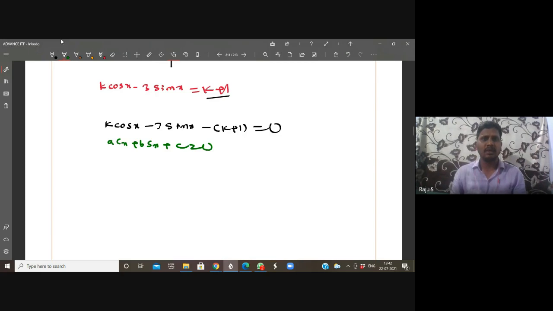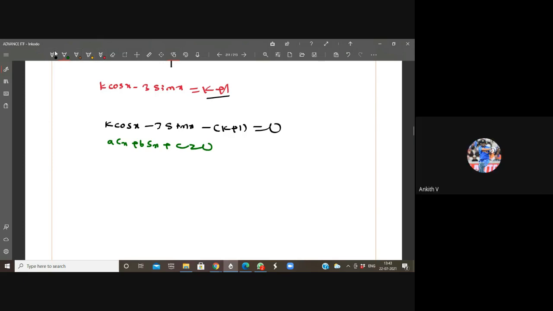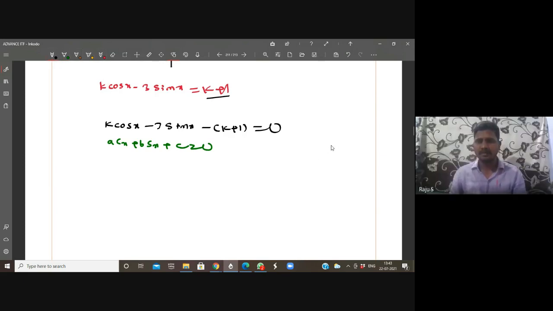There is a property here. The range is c minus root of a square plus b square up to c plus root of a square plus b square. Finally, when we take the modulus, c is always less than or equal to root of a square plus b square. You have to remember that.